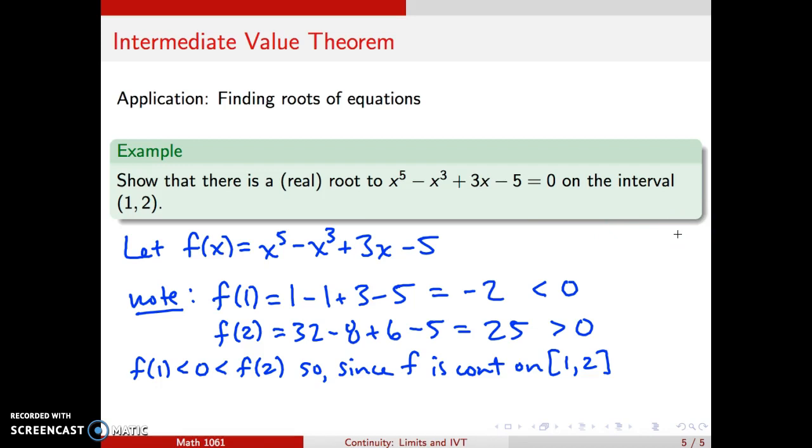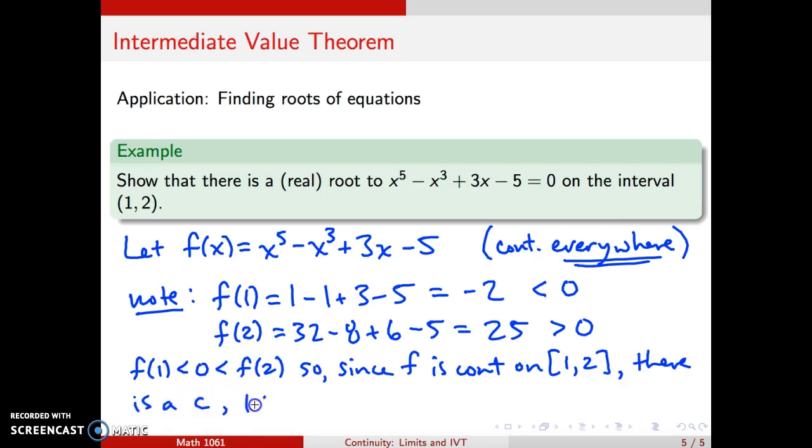It's continuous on that interval because it's a polynomial. So continuous everywhere, in particular on that closed interval. That means there is a c, some number in that interval, such that f of c equals 0 by the intermediate value theorem.